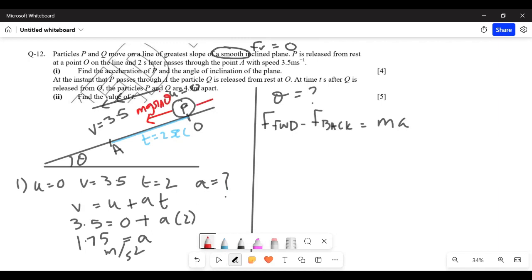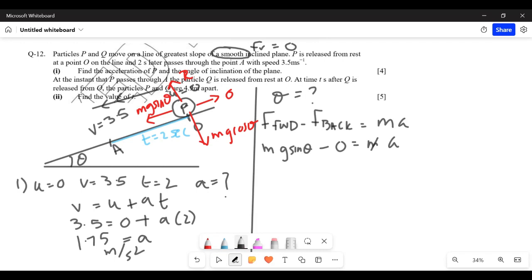Since there's no friction, there's no backward force, but we have a component of weight in this direction, which is the cos component. And opposite to that, we have the normal contact force, which is R. So forward is mg sine theta, mg sine theta minus backward is 0 equals ma.